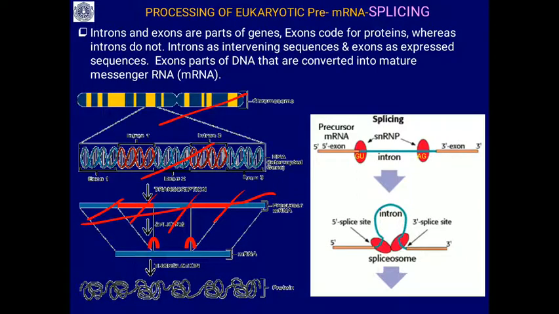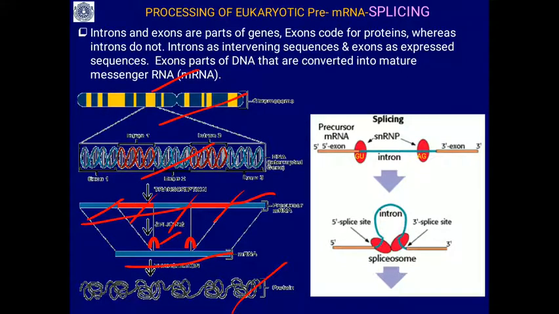Exons are the parts of the DNA converted into mature messenger RNA. Ultimately introns should be removed, and exons will be translated into protein during the translation process.